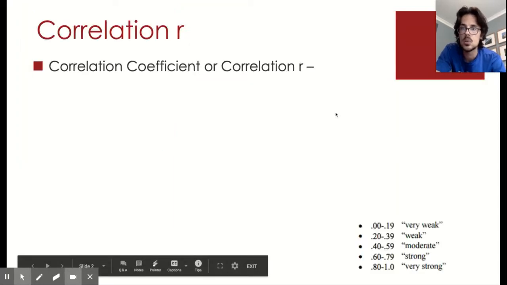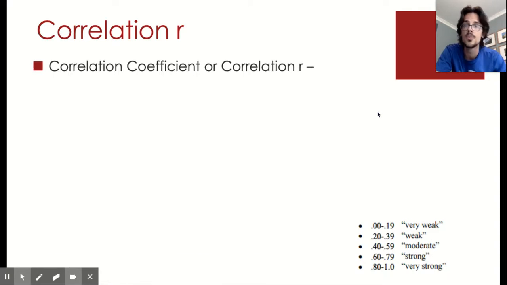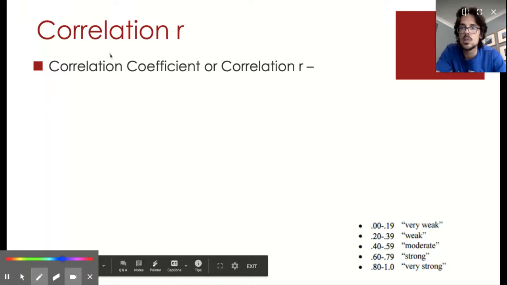Let's get into our new concept for this video, which you have heard about before in Algebra 2, which is the idea of a correlation coefficient, which is also sometimes called the correlation R. First, a quick explanation of what it is.